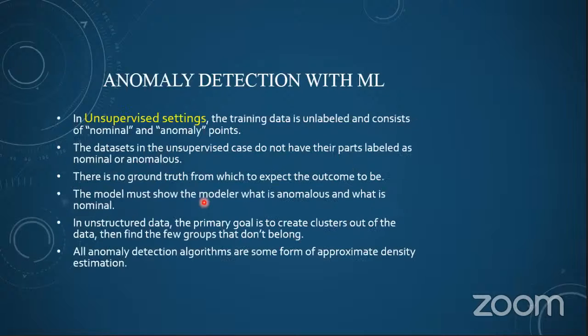The next thing is unsupervised settings. Here it is contrary to the supervised settings. In the supervised settings, we have labels, that is the data is labeled as nominal as well as anomalous. But in unsupervised settings, there is no label. We have only a set of data.